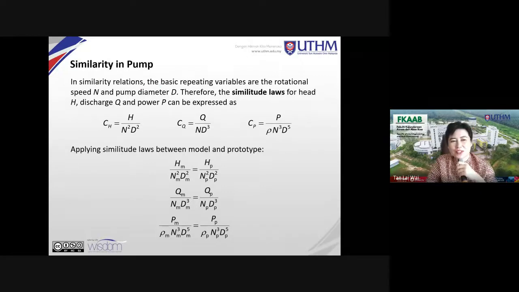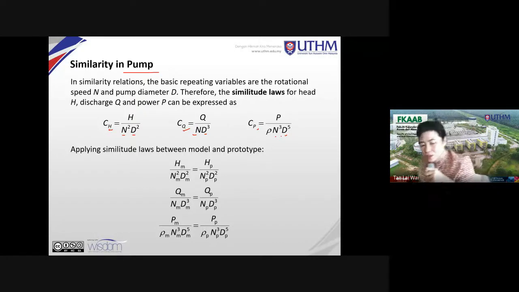If you look at similarity in pumps, the basic repeating variables, if you look at all three laws, which are the similitude law for head, the similitude law for discharge and power, will be N and D. That means in all three laws you have N and D, which is the rotational speed as well as the diameter of the shaft or pump.